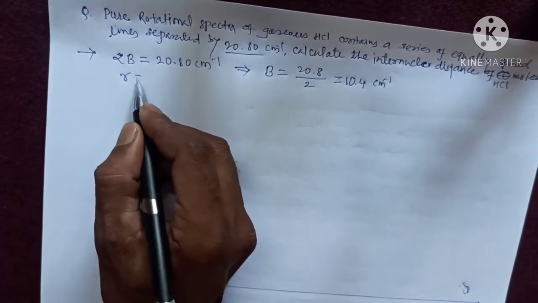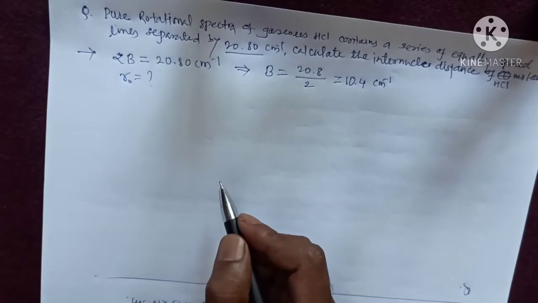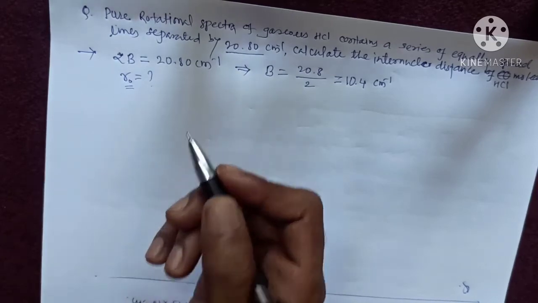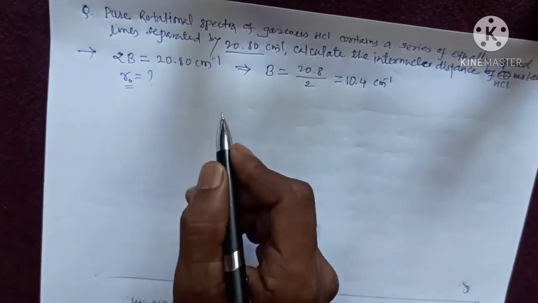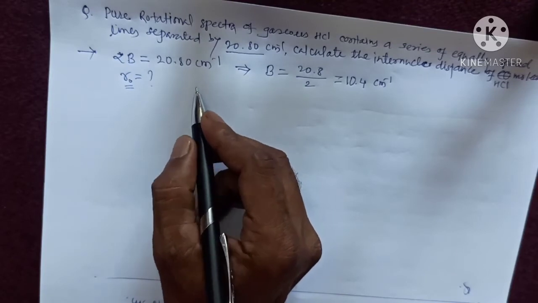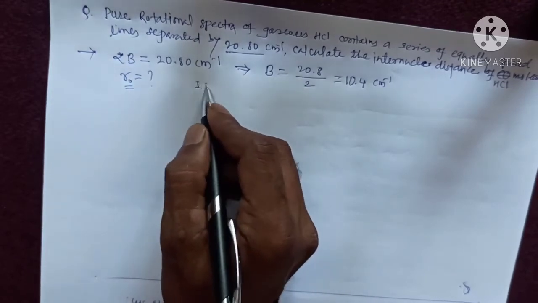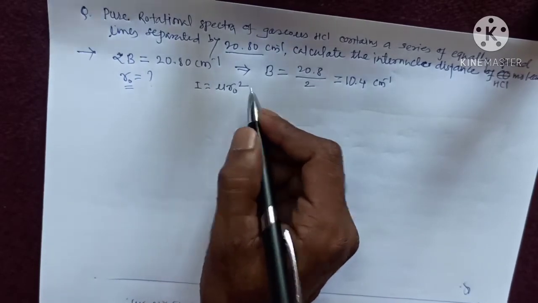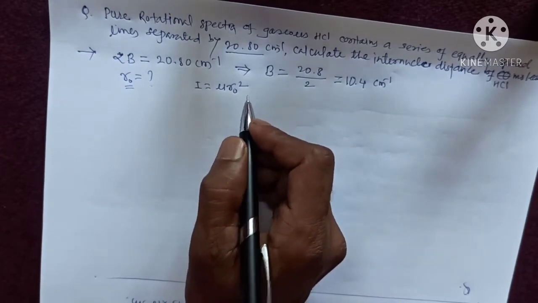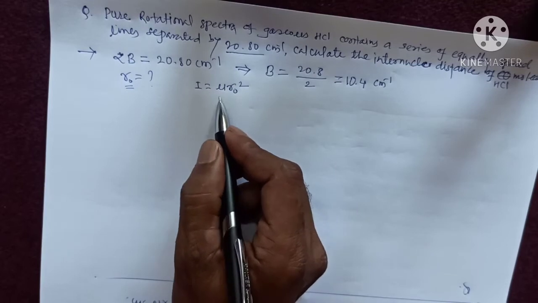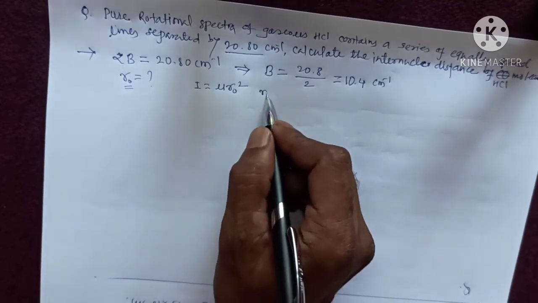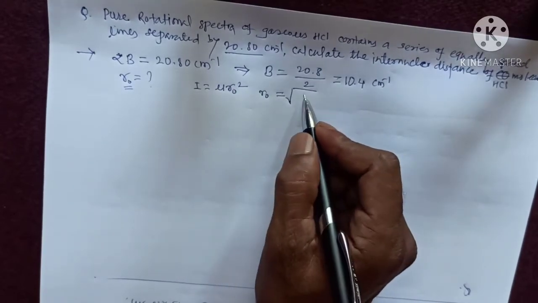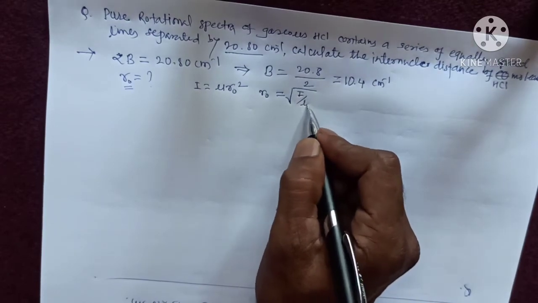Now the question is to calculate the internuclear distance of this molecule. Now we have to find the value of r, or say r0. In order to find this r value, the equation we will use is I is equal to mu r0 square, and therefore r0 will be equal to under root of I by mu.